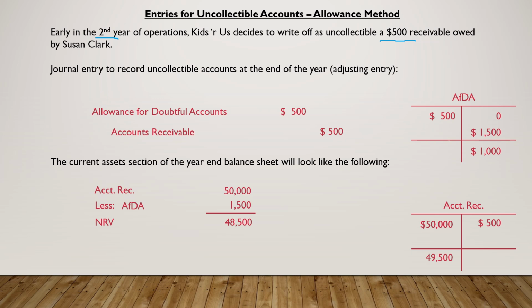AR drops to $49,500, and AFDA decreases to $1,000. Note that the net realizable value doesn't change at all, because both accounts decreased by the same amount.